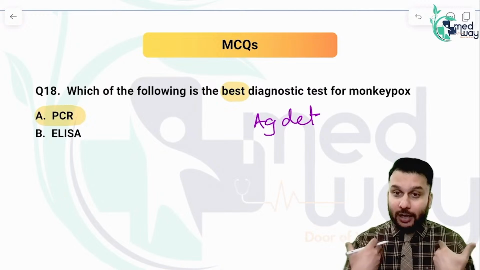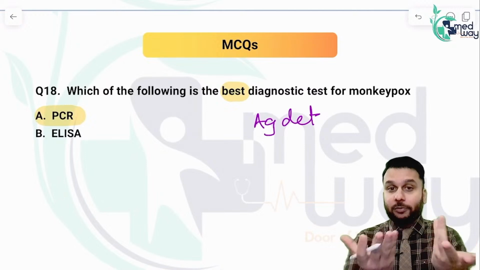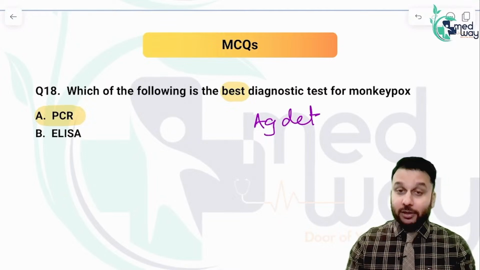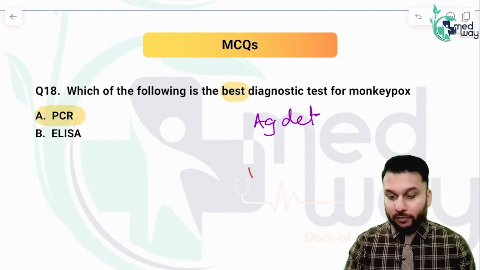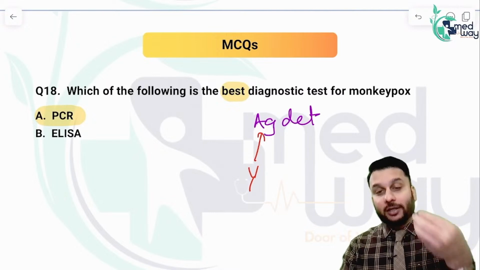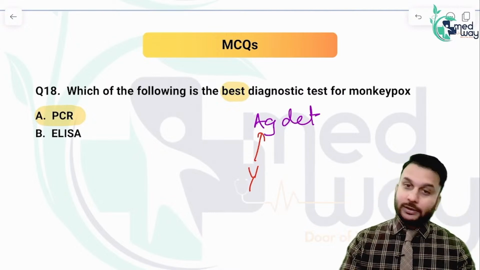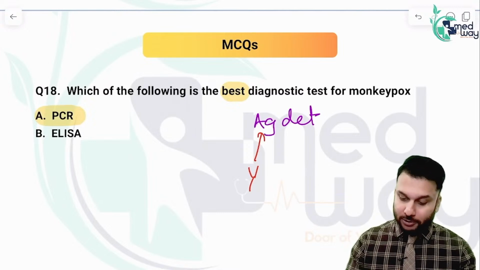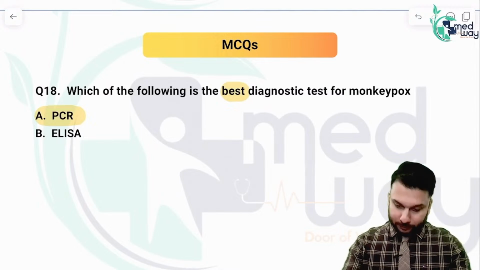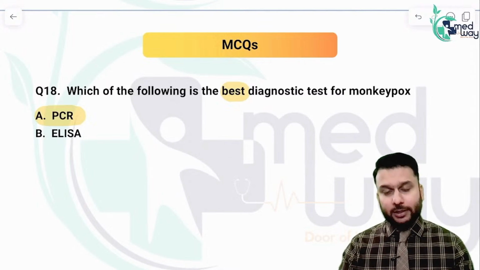So obviously when you have the disease, the first thing to be detected is the antigen. After some time, at least after a week, your body will start producing antibodies. Antibody detection will be at least 1 week later. This is something you've got to know, as they may ask concepts based on this logic. Anyway, PCR would be the correct answer.